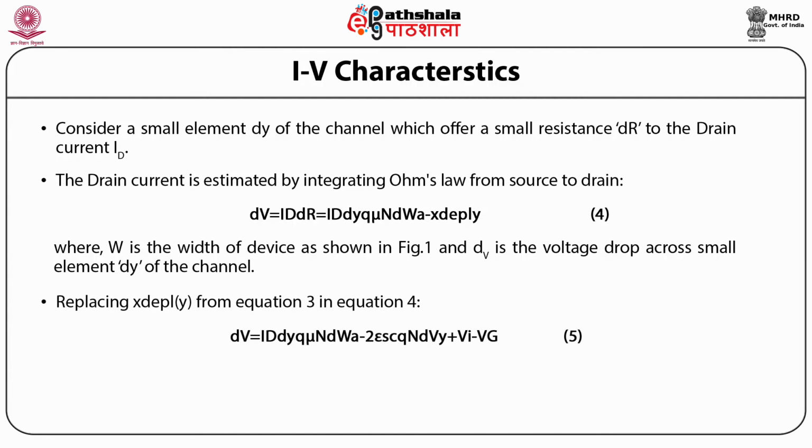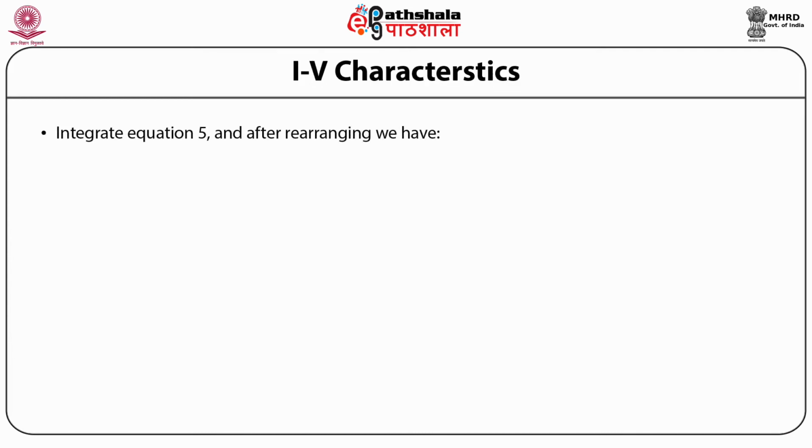So now replacing X depletion from equation 3 in equation 4 and integrating, and after rearranging we get Q mu Nd multiplied by W multiplied by integral 0 to Vd over A minus root of 2 epsilon Sc divided by Qnd multiplied by Vy plus Vi minus Vg multiplied by dV equal to Id integral 0 to L dy.